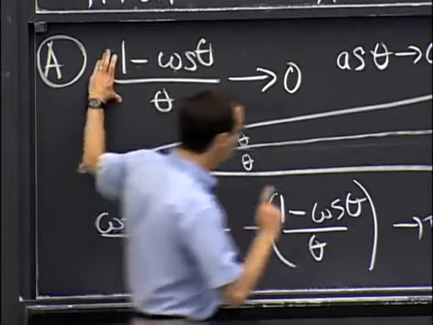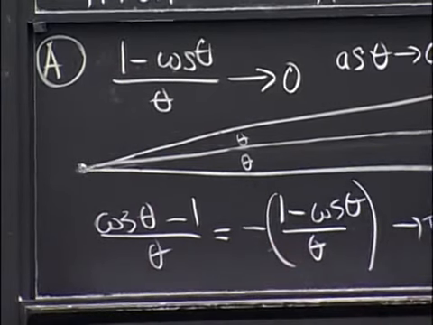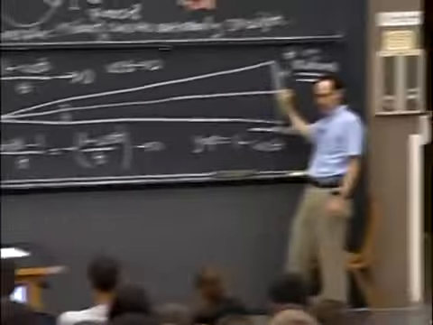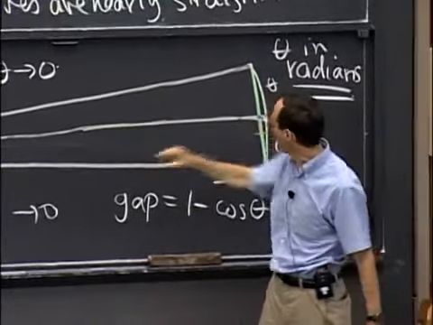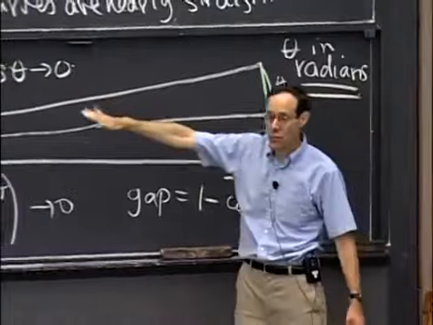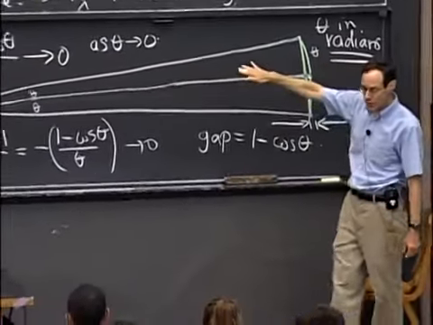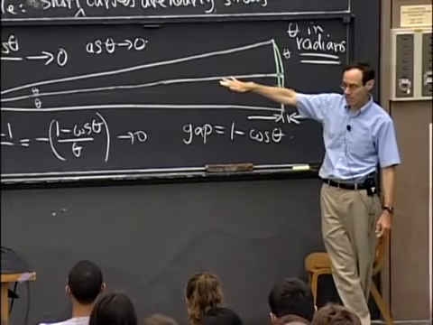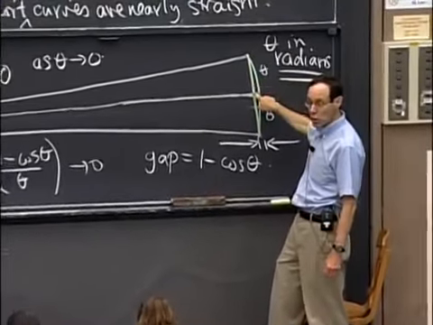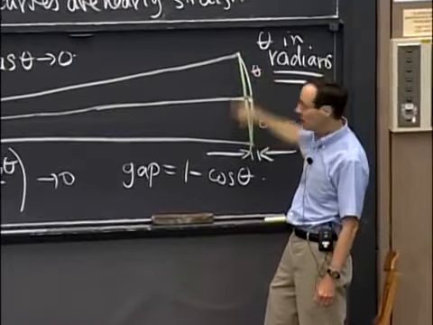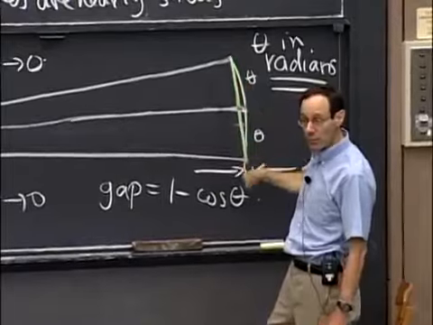Now, I claim the numerator is this little tiny bit over here. And the denominator is actually half of this whole length here, but a factor of 2 doesn't matter when you're seeing whether something tends to 0 or not. And I claim if you stare at this, it's clear that this is much shorter than that vertical curve there.